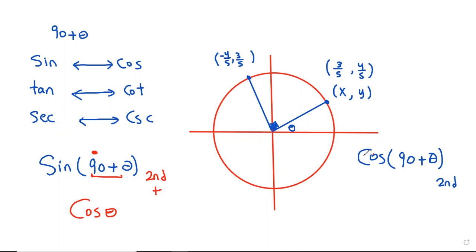We determine the sign of cosine after the quadrant, so in the second quadrant cosine is negative. But this 90 changes cosine into sine, so it will be negative sine theta.